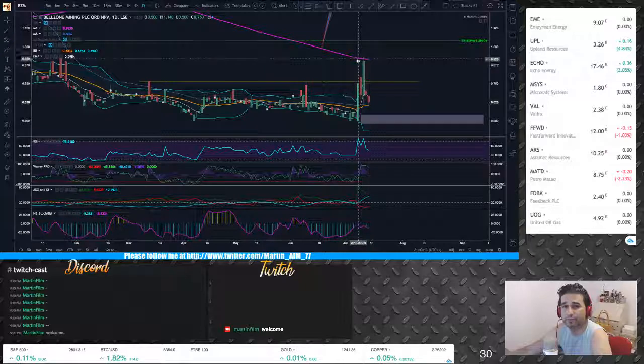I actually thought that it might have managed to close just on the 200 moving average, but it didn't have the strength to do that. So it got dumped really quickly, almost all the way back down to the 50 moving average. But on the third day it got pumped again, and then managed to get to the 200 moving average.